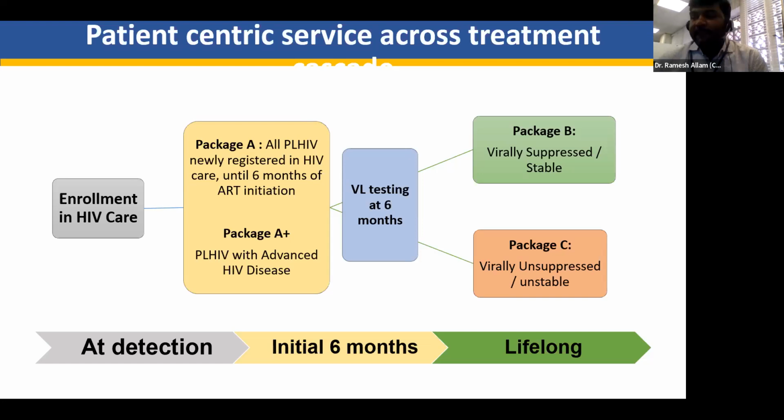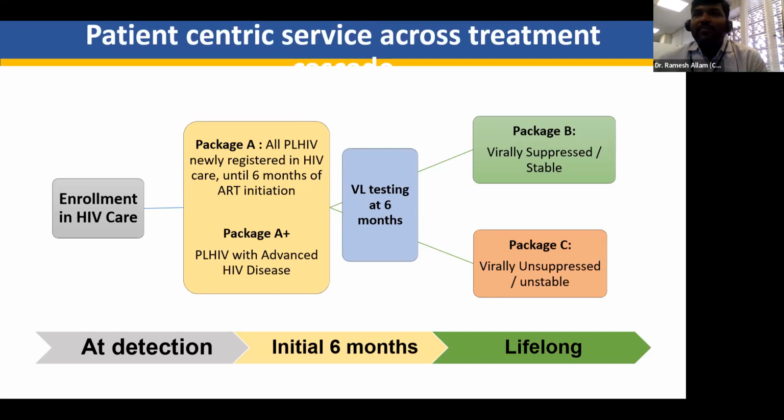Very good. So it is package B. That means, what you have to understand is these people, even if you give some differentiated package, or even if they don't see regularly, these people are now virally suppressed.